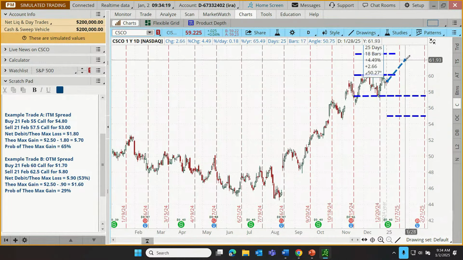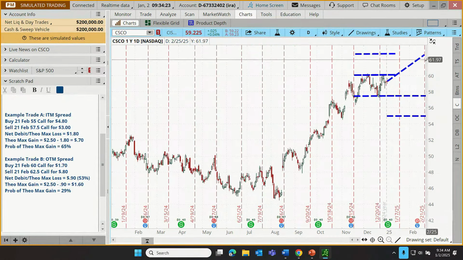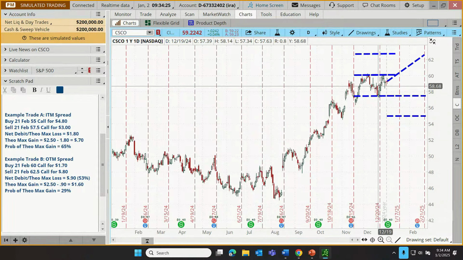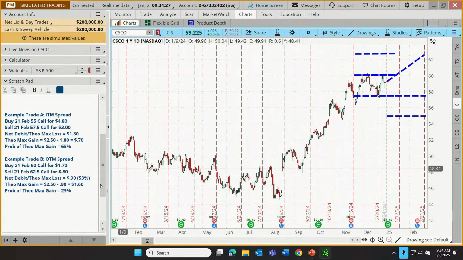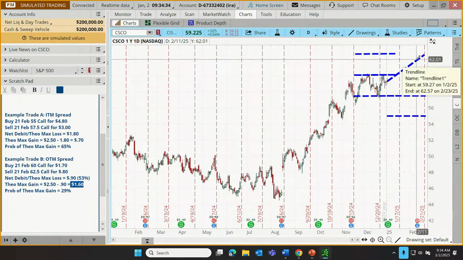If we can just make it up to there by this expiration, that's where our trade pays out its maximum gain. Is it worth risking 90 cents in pursuit of $1.60 if we really think that's going up?